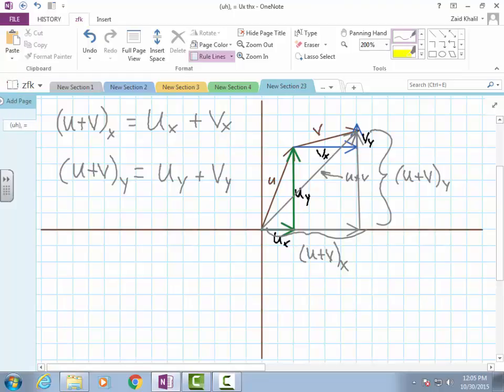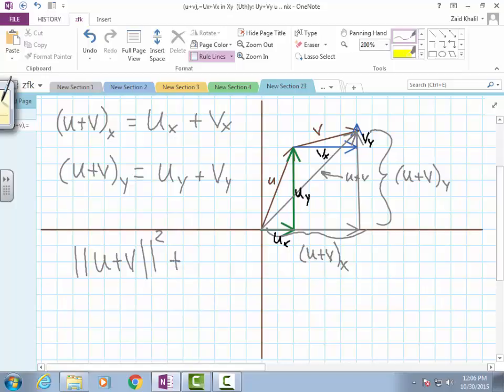So now let me ask you, what is the magnitude of u plus v? And it might be a little bit easier to ask you what the magnitude squared is. Correct.